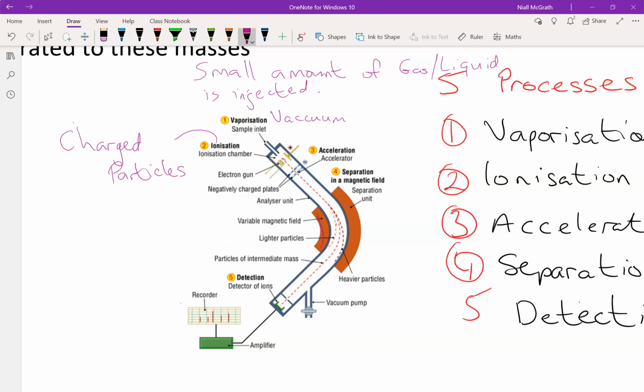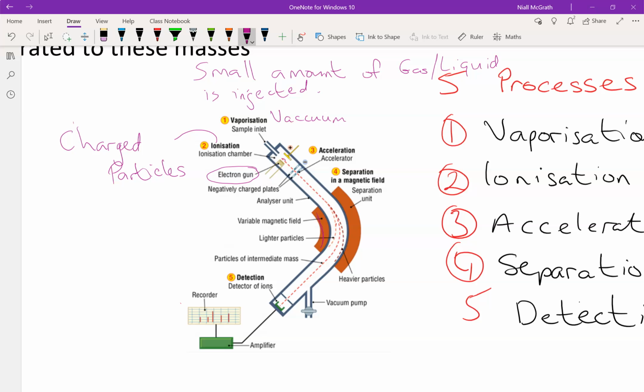Here you have an electron gun, and it fires electrons at the atoms or molecules that are passing by it, and they knock other electrons out of them. If you remove an electron, you have extra positive charge left in your atom or molecule, so it becomes positively charged.